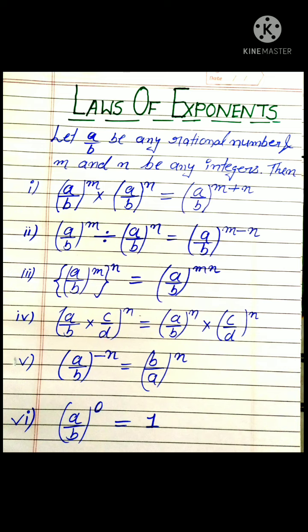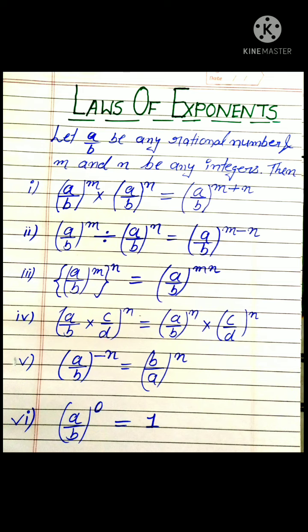Now the fifth law: if our rational number has a negative power, then how can we remove this negative sign? We can remove this negative sign by taking the reciprocal of the base. As the base here is a upon b, this a upon b will become b upon a, and this minus n will become plus n.